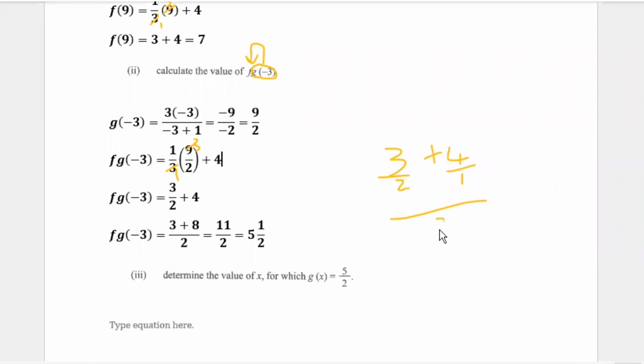So LCM is 2. I say 2 into 2 goes 1 times 3 is 3. Plus 1 into 2 goes 2 times 4 is 8. So therefore 8 plus 3 is equal to 11 over 2, which is the same thing as what we got in our final line. Good, Jordan?